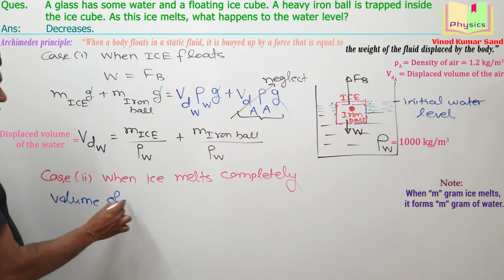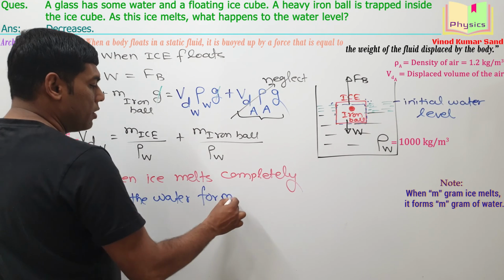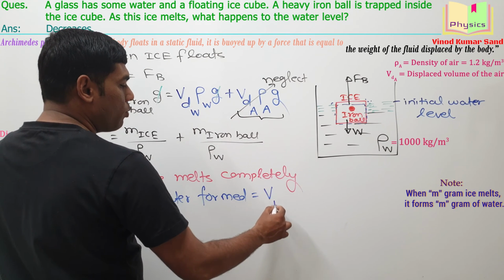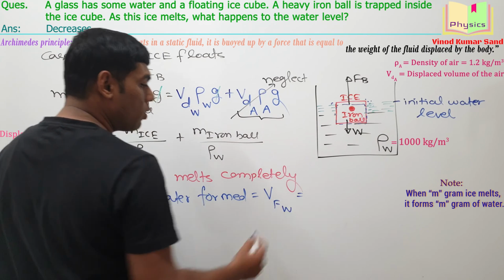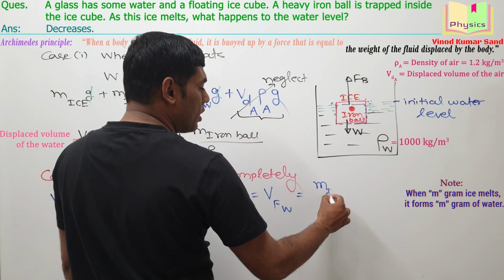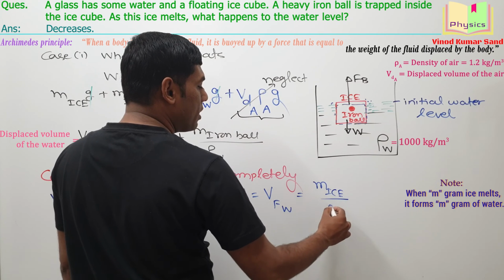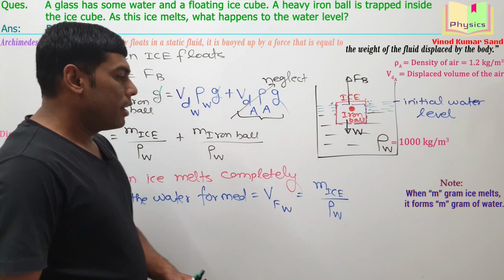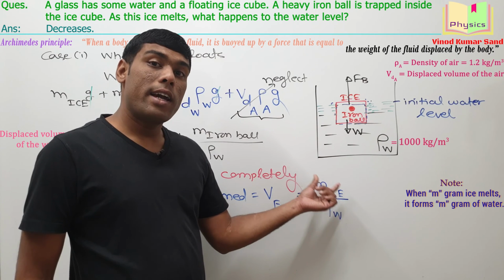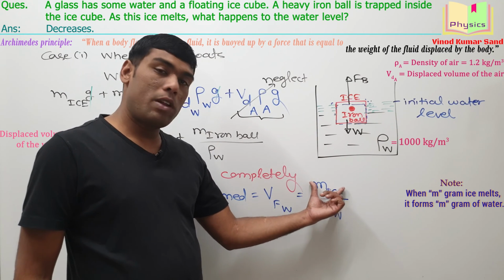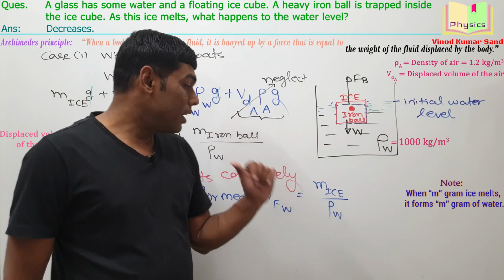Volume of the water formed, which we indicate as VFW. Volume formed of the water is equal to mass of the ice divided by rho water. m gram of ice will form m gram of water, and the volume of the m gram of water will be m divided by rho water.